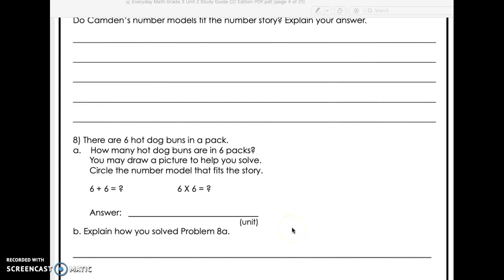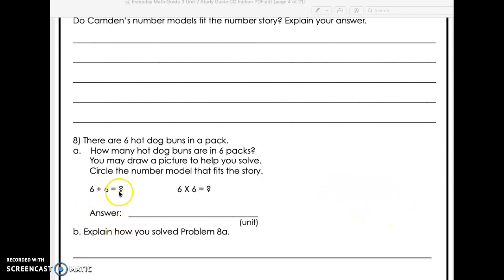There are 6 hot dog buns in a pack. How many hot dog buns are in 6 packs? You may draw a picture to help you solve. And if you draw a picture, that would be great. So you're going to think of there are 6 packs. 1, 2, 3, 4, 5, 6. And there are 6 in each one. I would just draw 6 plus 6 plus 6 plus 6 plus 6 plus 6.